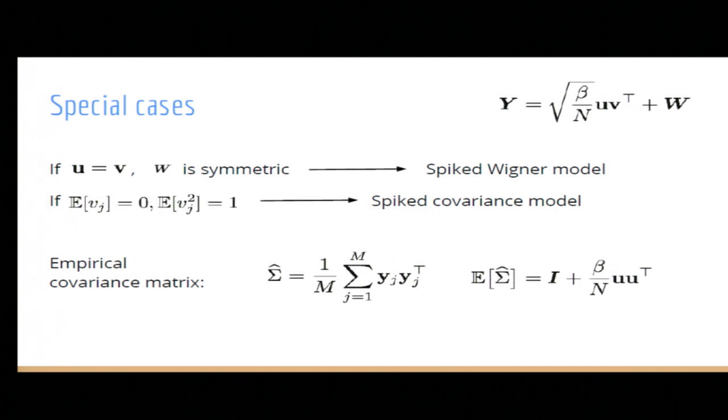This will give us the spiked covariance model that many of you know. Because if you take the y_j's to be the columns of the matrix Y, and look at the empirical covariance matrix, its expectation will be just a spiked rank 1 perturbation of the identity. So this is a famous model in statistics.